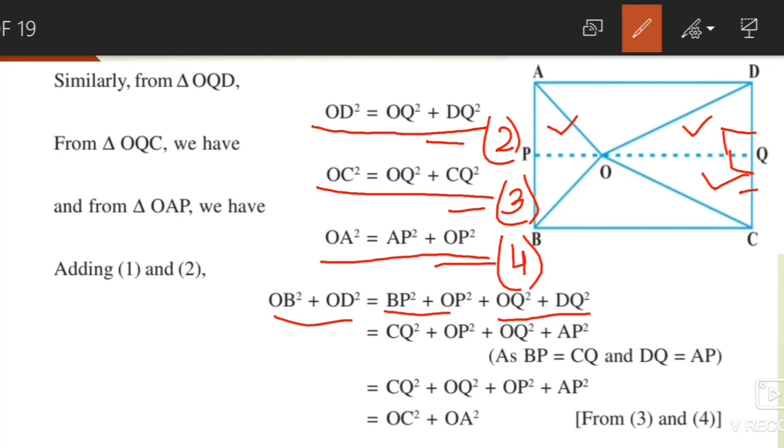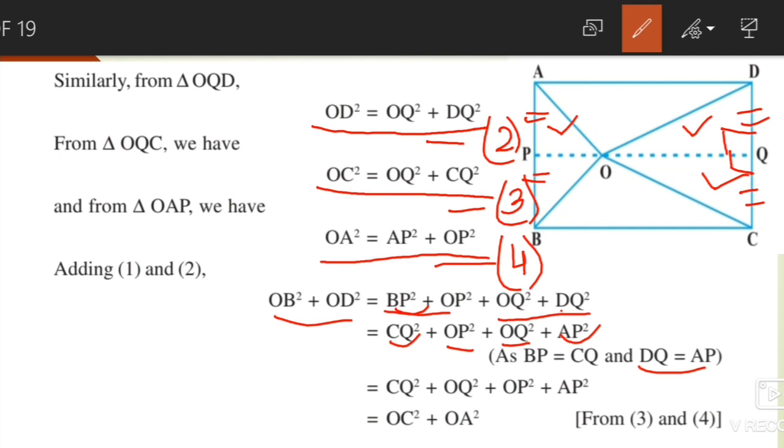Why? Because they are the opposite sides of a rectangle. You know that in a rectangle opposite sides are equal. So in place of BP I am writing CQ square. OP square is here, OQ square is here. In place of DQ square, DQ will be equal to AP, because they are the opposite sides of rectangle APQD.